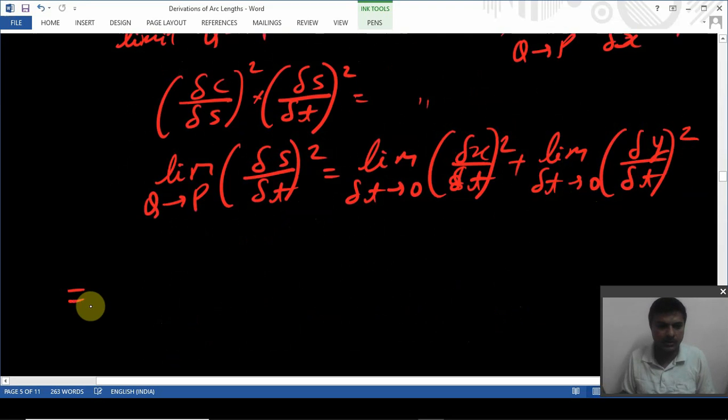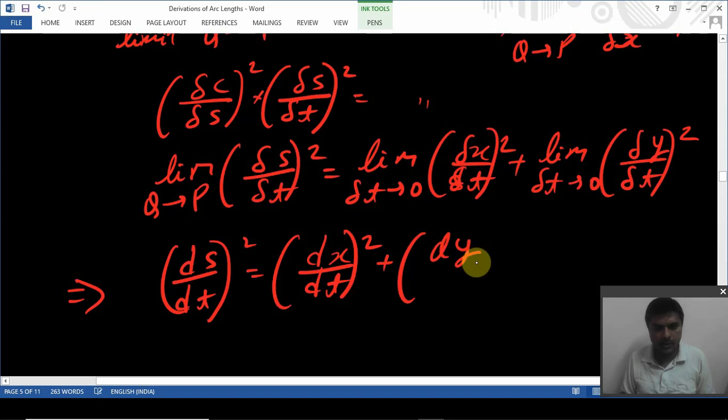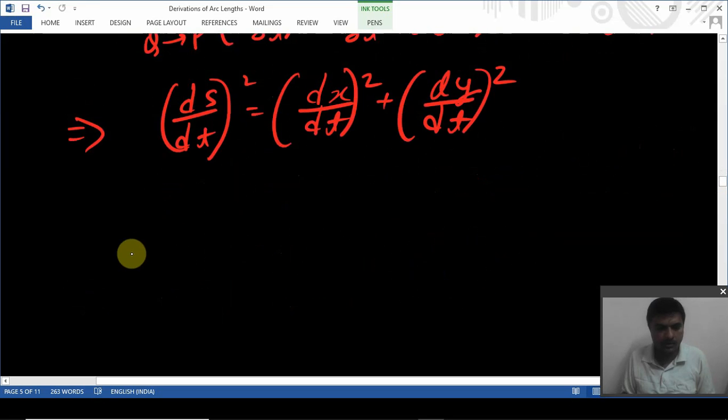You can easily tell me, students, this is nothing but (ds upon dt) the whole square. This is equal to (dx upon dt) the whole square plus (dy upon dt) the whole square. Is it clear, students? So now just simplify. Therefore take only ds by dt.